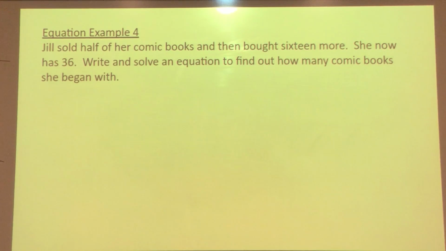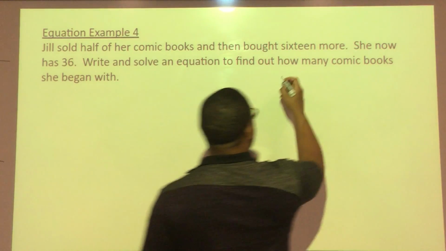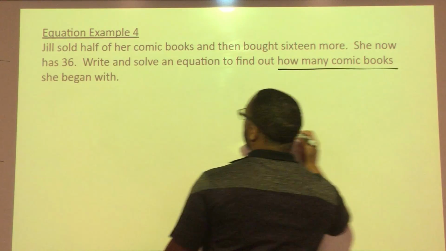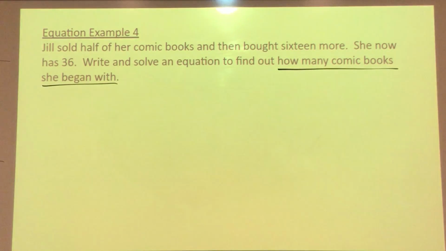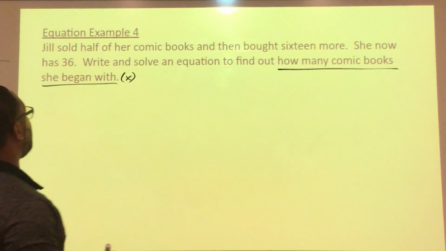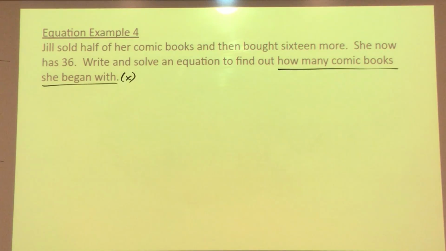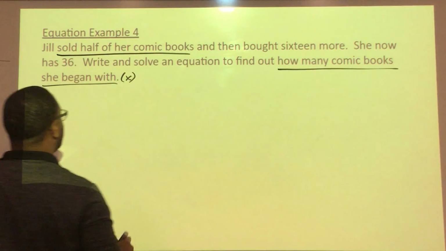Okay, so we're going to go ahead and look at this one. And what we're trying to figure out here, how many comic books did she begin with? So that is what x represents. How many comic books did she start with? And what other information did they give me that's related to that? And it's right here. It says she sold half her comic books.